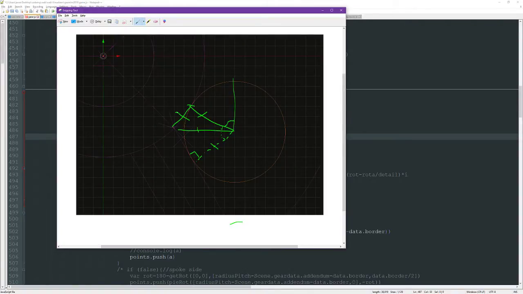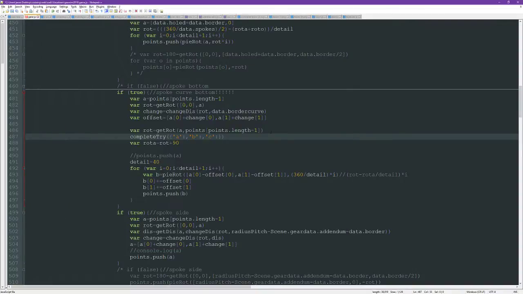ABC. A, B, C. Wait, what was it all with this? Ah. So we want the angle B.